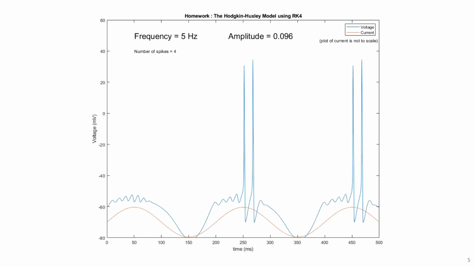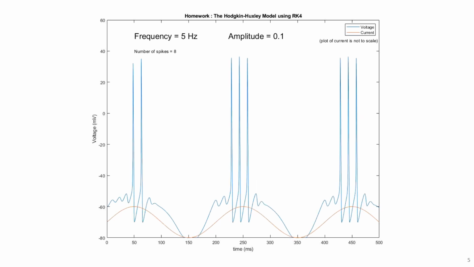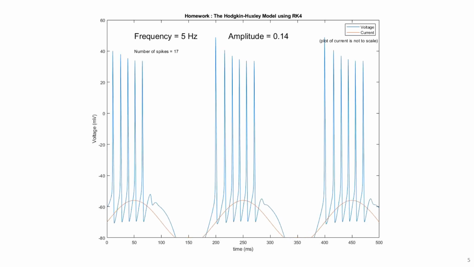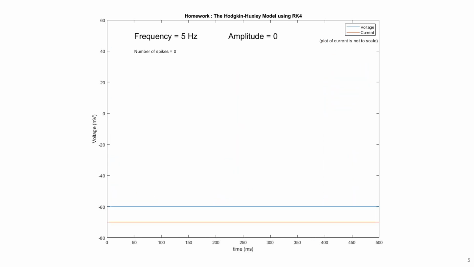Then increasing the amplitude further, we see 2 spikes and 3 spikes, and so this is what goes on with increasing the amplitude, while I have the same frequency of 5 hertz.